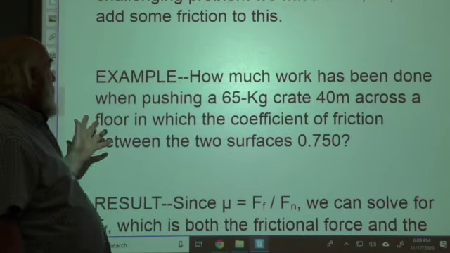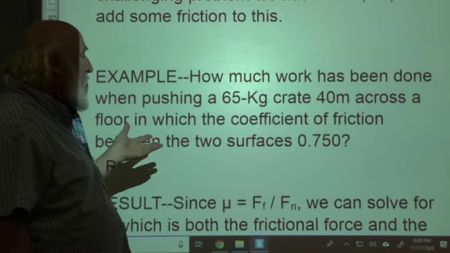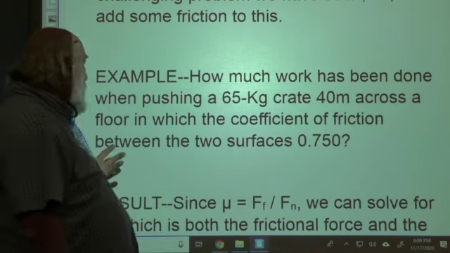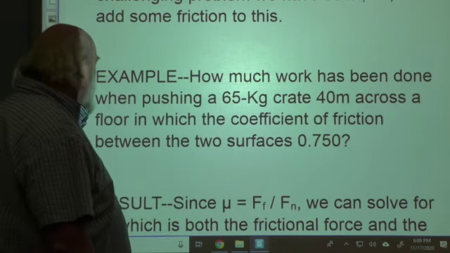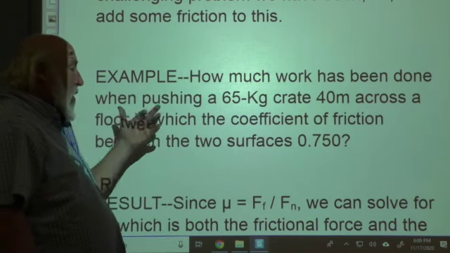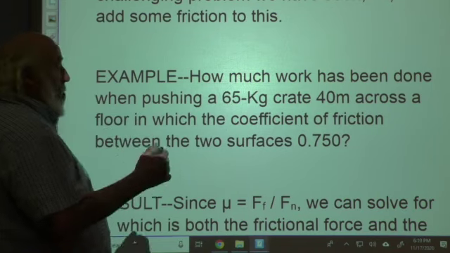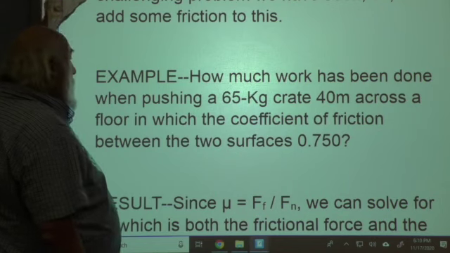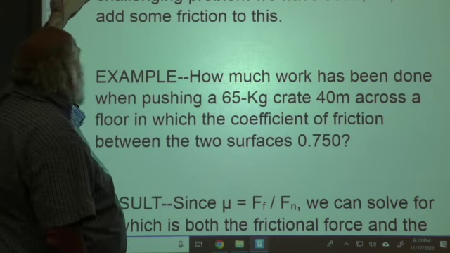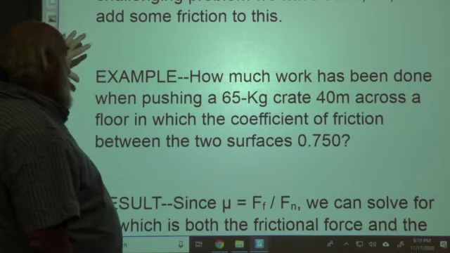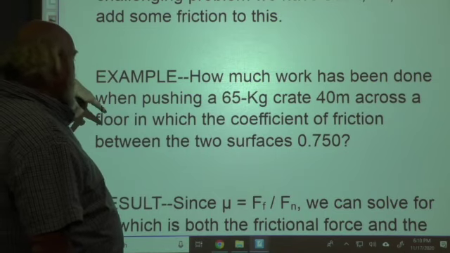How much work has been done when pushing a 65 kilogram crate 40 meters across a floor in which the coefficient of friction between the two surfaces is 0.750. So now we're dealing with a mu here, and we have the same scenario we had before, except for the friction thing here.